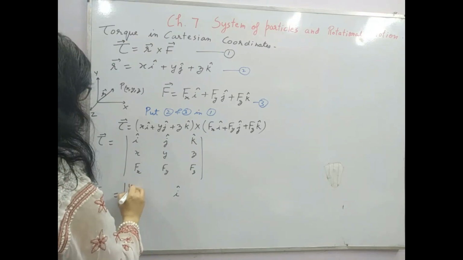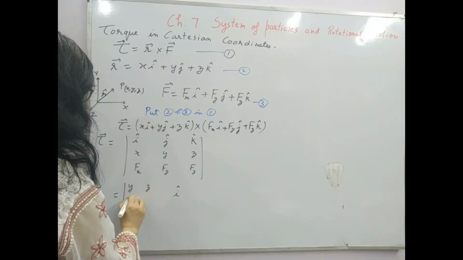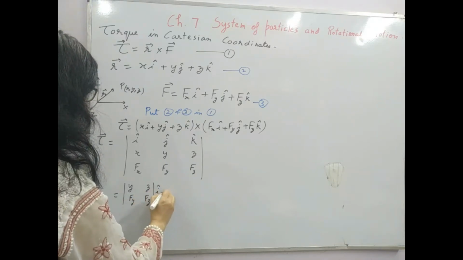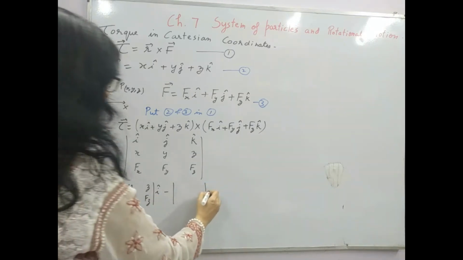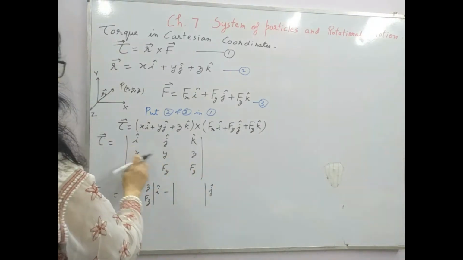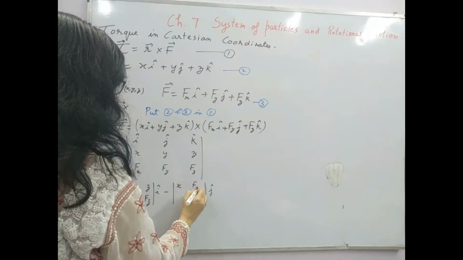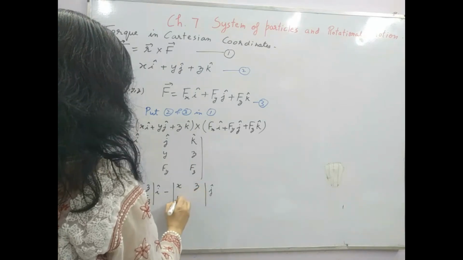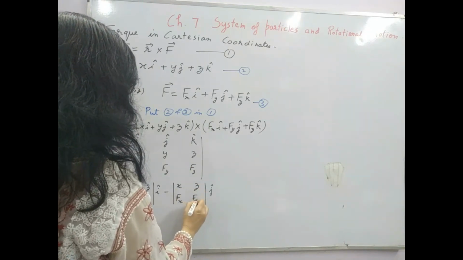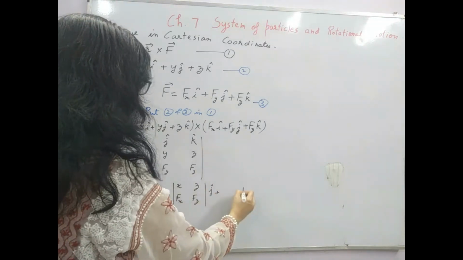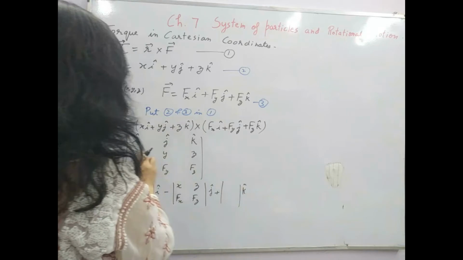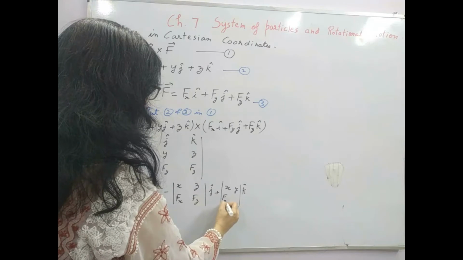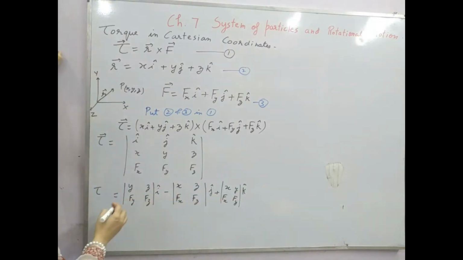So this will be y, z, Fy, Fz. Then I write minus. So this is j cap, and this will be x, z, Fx, and Fz, plus for k I'll write x, y and Fx, Fy, right?